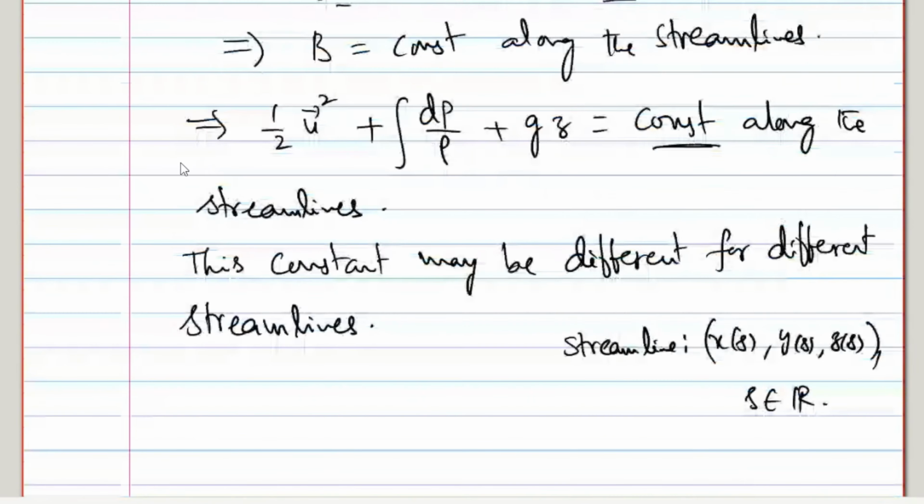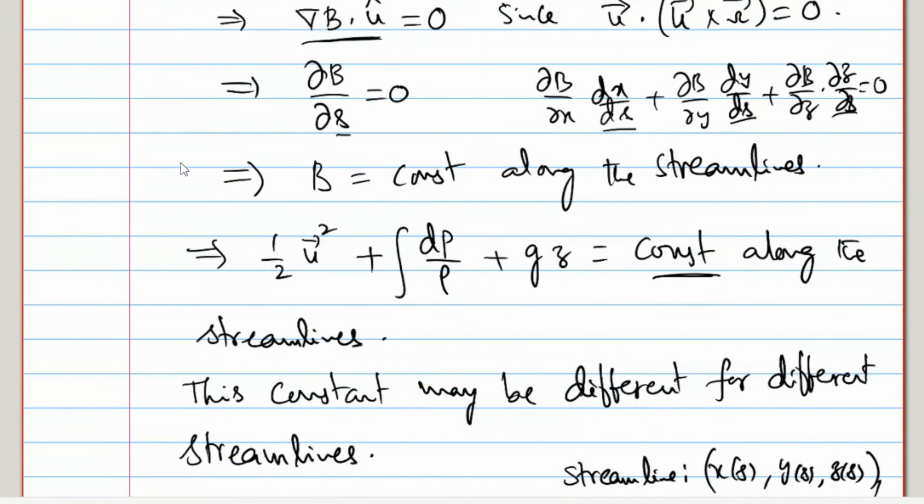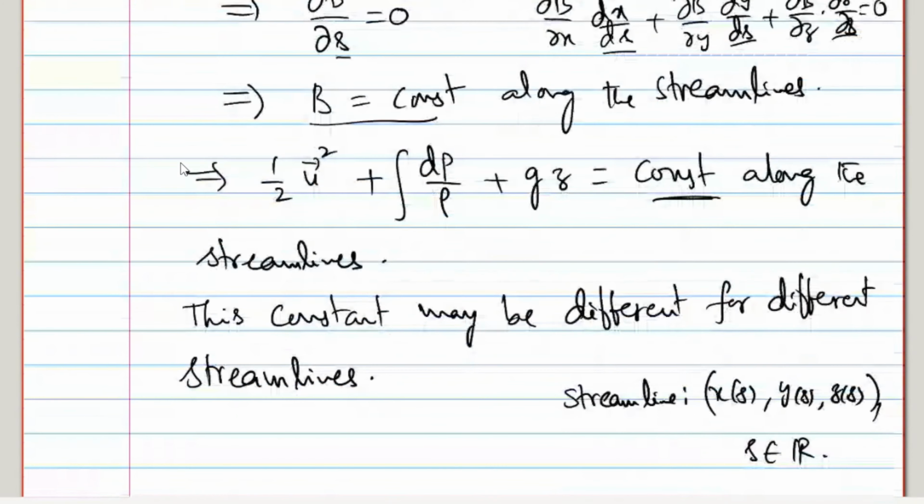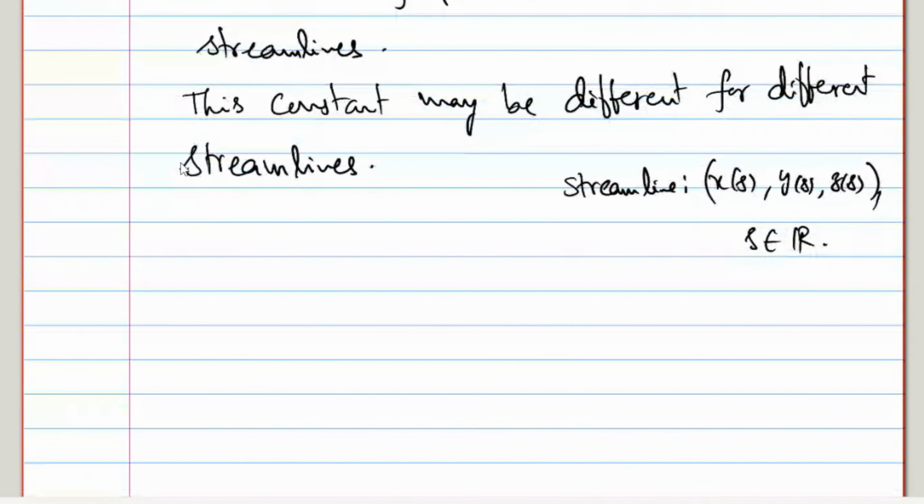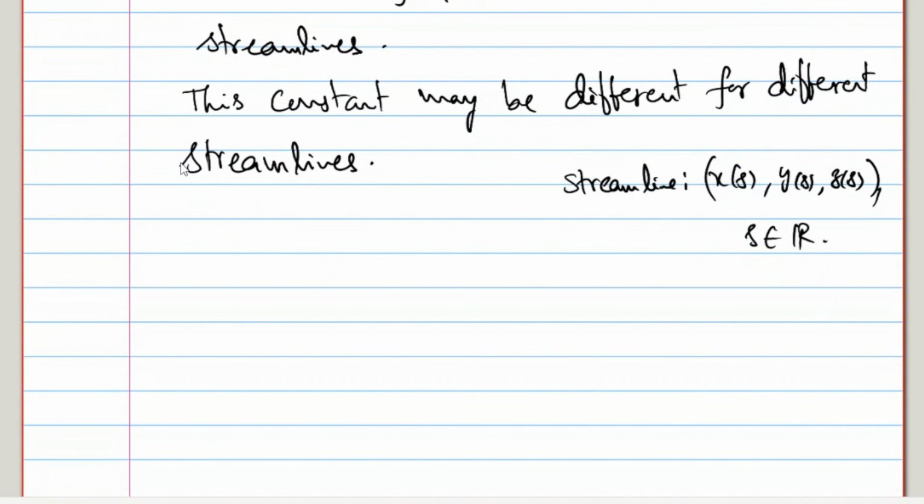The dot product along that direction is 0. So that gives you that B is constant along that streamline, along that curve. This is what you will get if you consider steady flow.